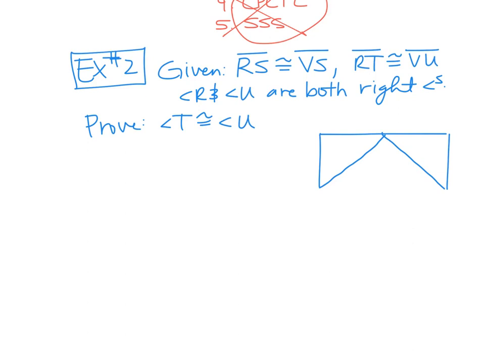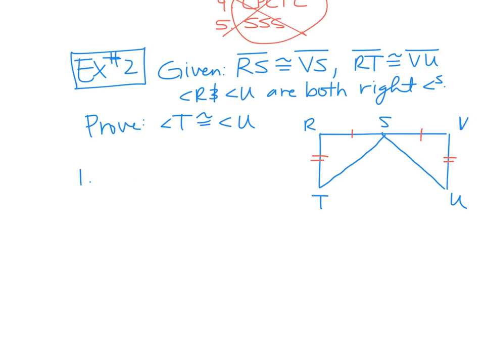All right, if this is R, S, V, U, and T. First thing we're going to do is mark up what we know, right? So RS is congruent to VS, so this is congruent to that. RT is congruent to VU, so those two are congruent.